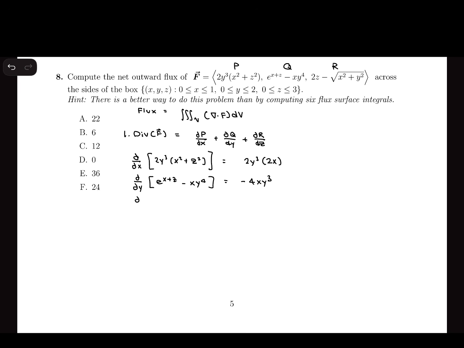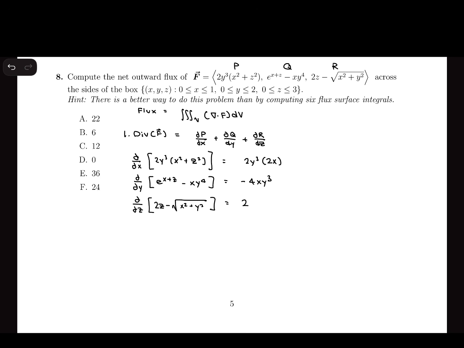And the final one is d over dz of 2z minus the square root of x squared plus y squared. In this case, x squared plus y squared are both just constants, so they become 0. And then the derivative of 2z just gets us 2.